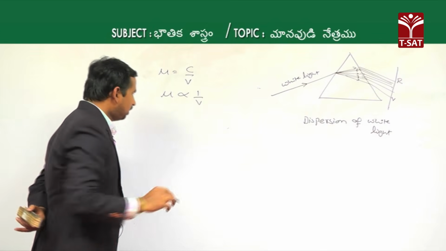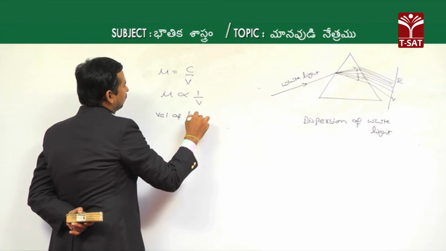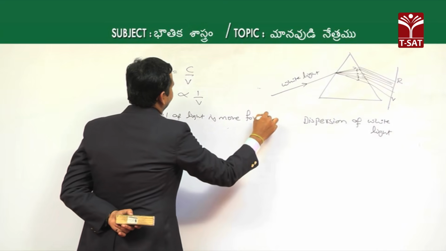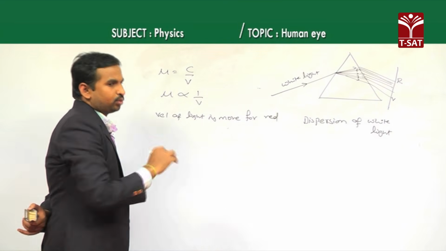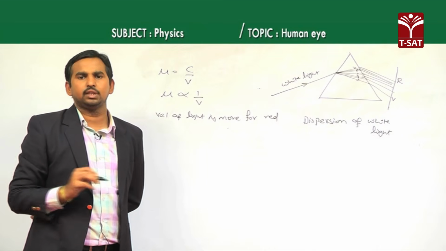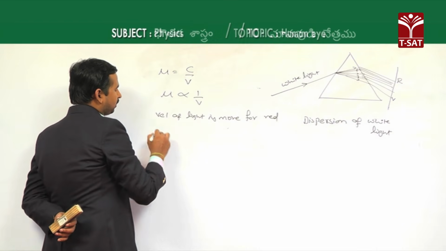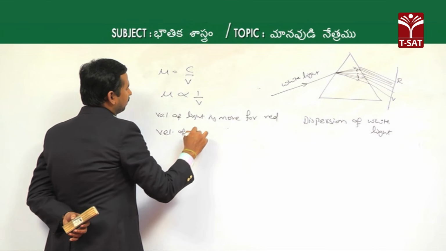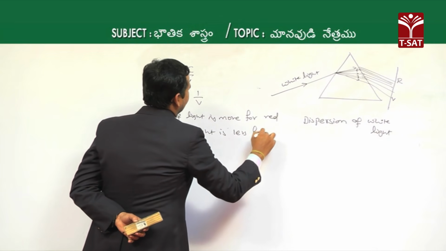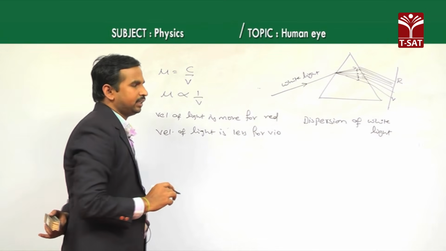Velocity of light is more for red color. That is why it is used as the danger symbol, red in color, like we see in traffic signals. And the velocity of light is minimum or less for violet.